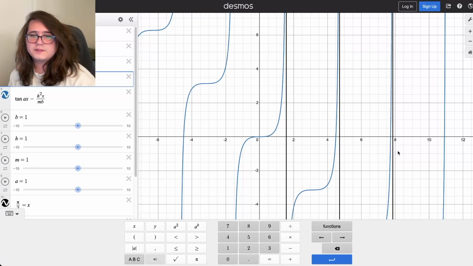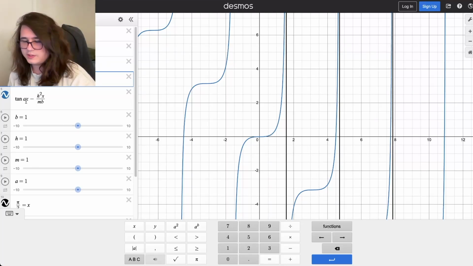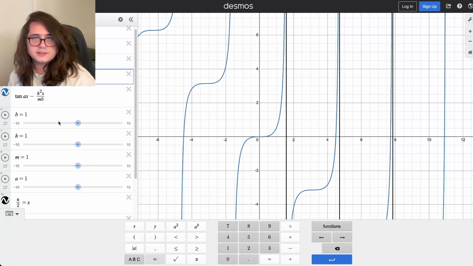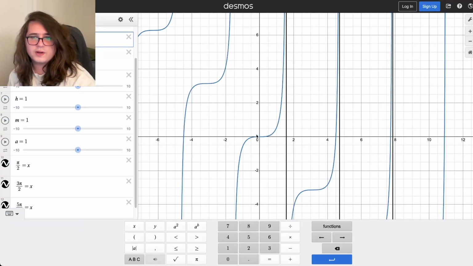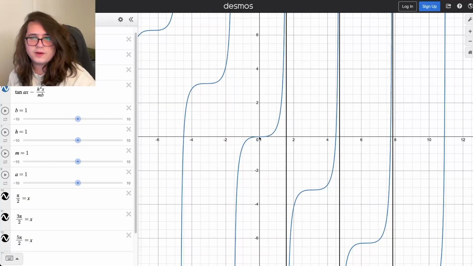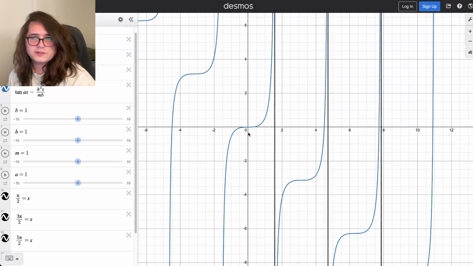This is the Desmos window. I wrote the equation again, except I replaced k with x, so this is a plot of k, pretty much. I also replaced alpha with b, but it doesn't matter since I set them all to 1. We're just going to look at where it crosses 0. It crosses at 0, so that's fine.